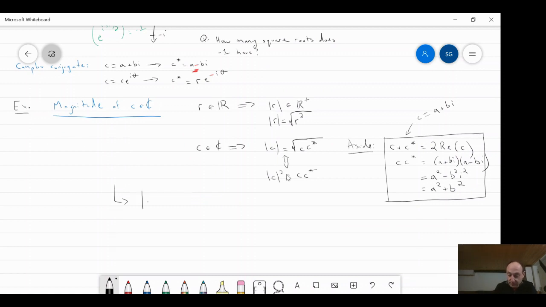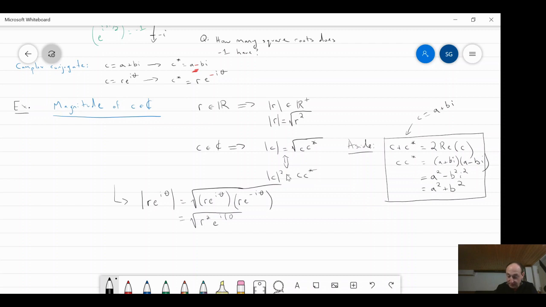So if I do this thing, the absolute value, I just plug in the formula. That's going to be the square root of r e to the i theta, and now I need to multiply by the complex conjugate of c. So what do I get? Well, I get the square root, you'll get r squared, and here, for the very first time, I'll do this explicitly.